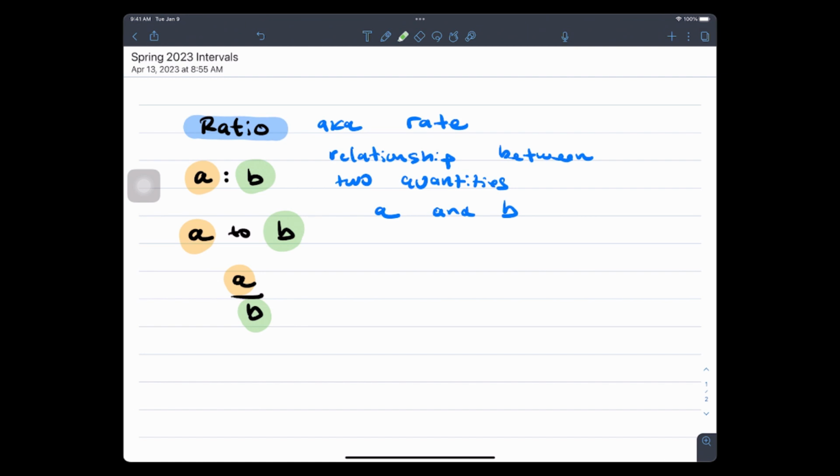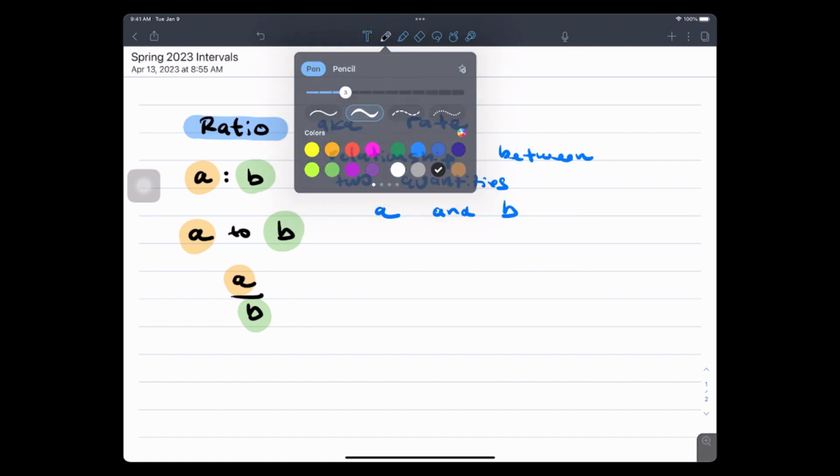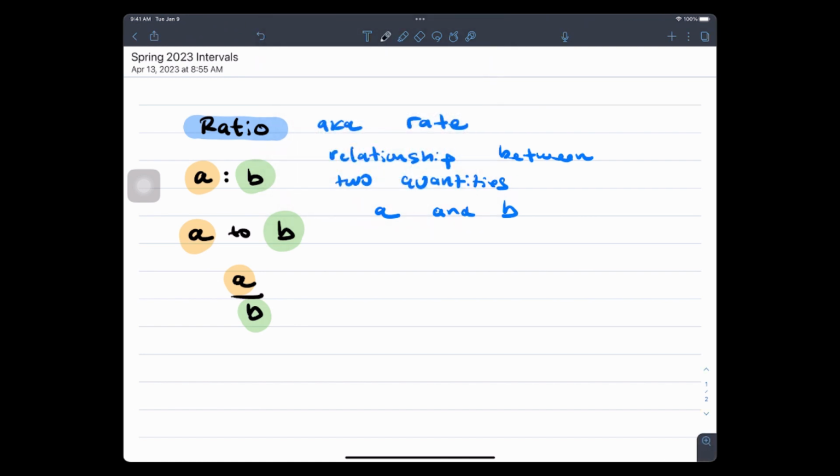So what I want to ask you guys this question. We can say this in words. There are 450 births to a year. Now, just looking at this piece of information, this is really a ratio.